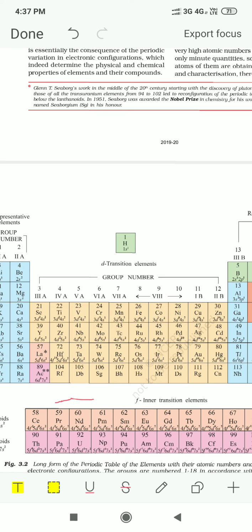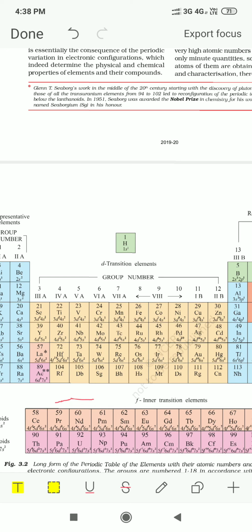If we look at lanthanoids and actinoids, the chemistry of lanthanoids is rather simpler as compared to actinoids, because actinoids show variable oxidation states and it is difficult to study them, as most of them are very radioactive in nature. They have a very short half-life, so the study becomes difficult.